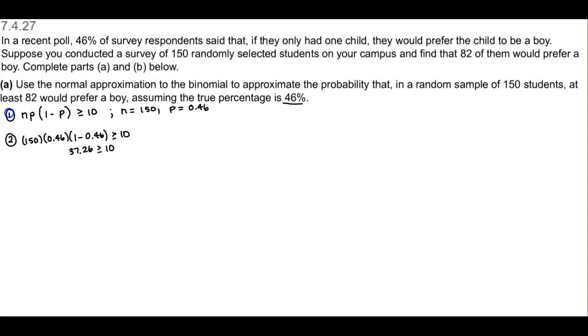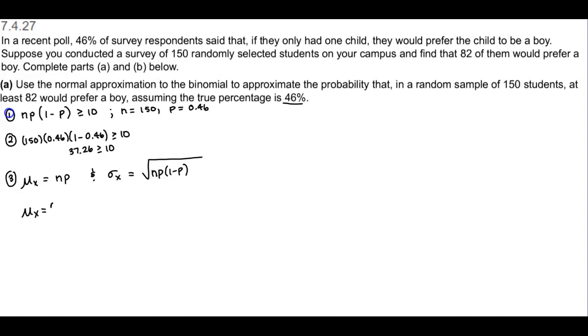So the binomial random variable x is approximately normally distributed with a mean and standard deviation of the following. The mean is going to equal n times p, and the standard deviation is going to equal the square root of np times 1 minus p. Okay, so let's find the mean.